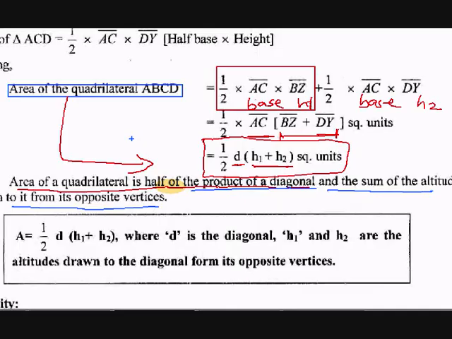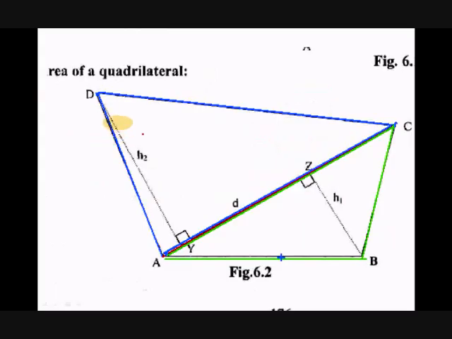What does it mean? We've been talking about the heights H1 and H2. We add these two up and multiply with the base, which is common, and then we get the area of the quadrilateral very easily.